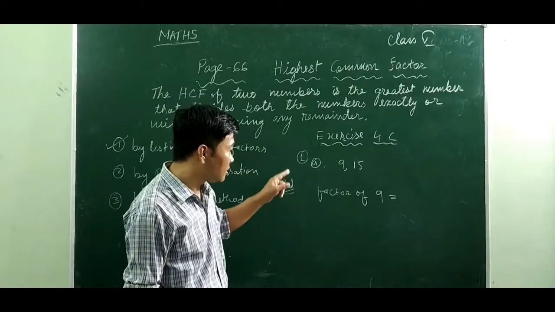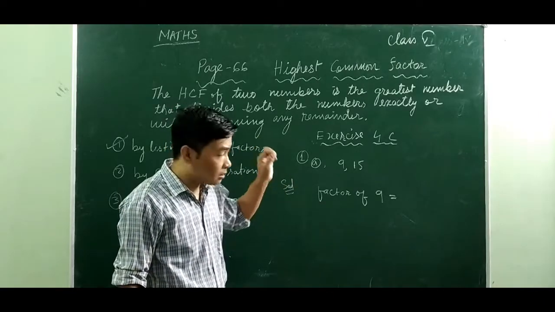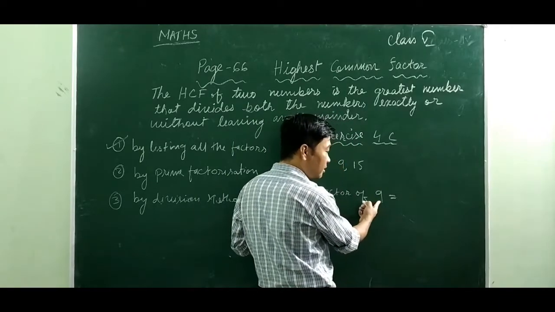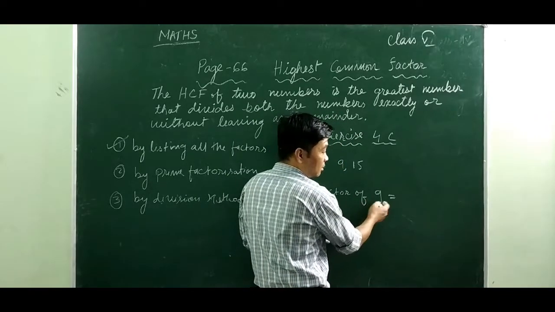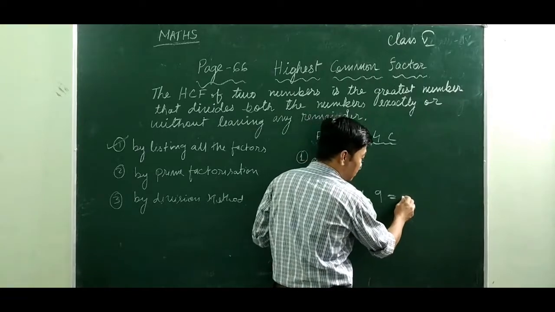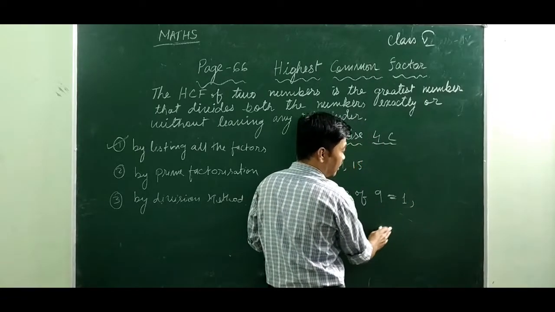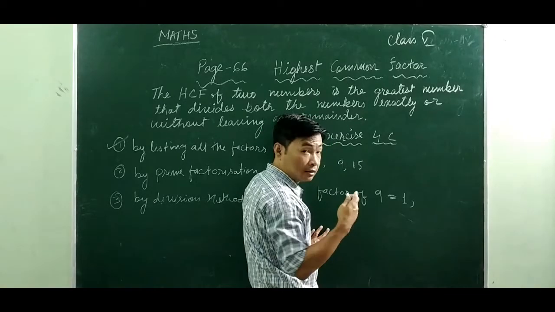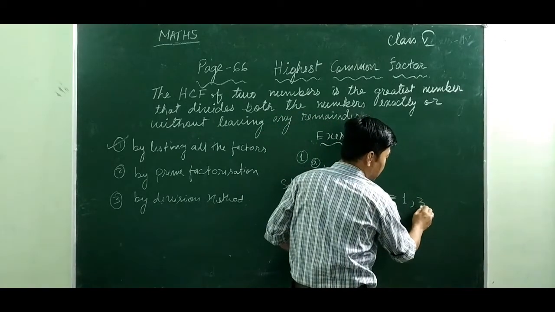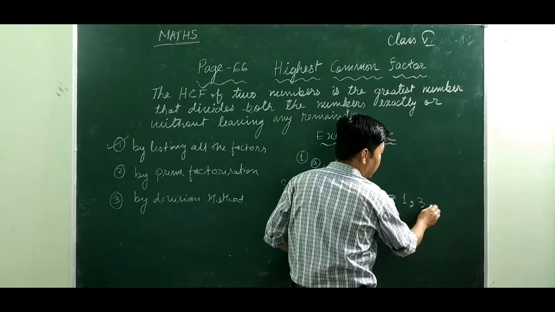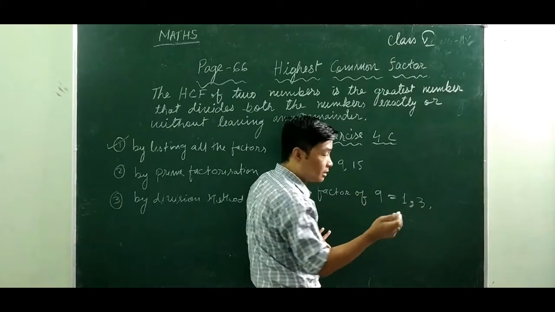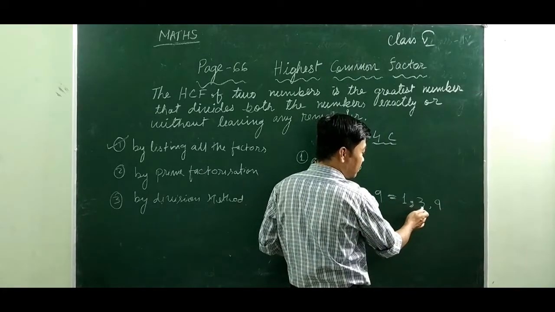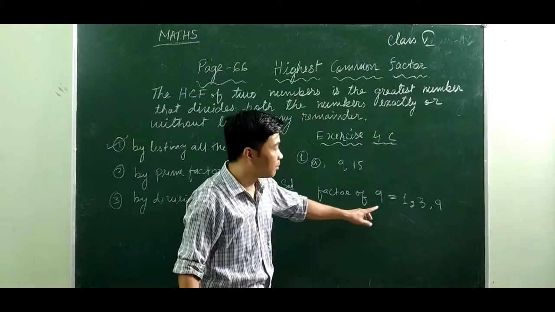You need to see whether the number 9 exists in the table. 9 is there in the table of 1: 9 times 1 is 9. 9 is not there in the table of 2. 9 is there in the table of 3: 3 times 3 is 9. Again, 9 is there in the table of 9 itself: 9 times 1 is 9. So we have three factors, 1, 3 and 9, for the given number 9.